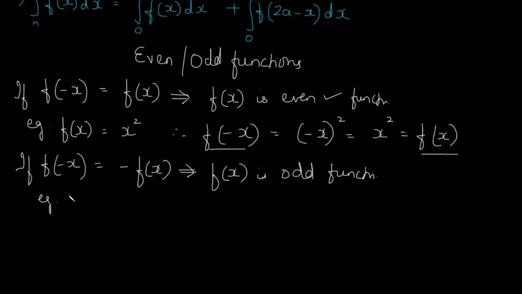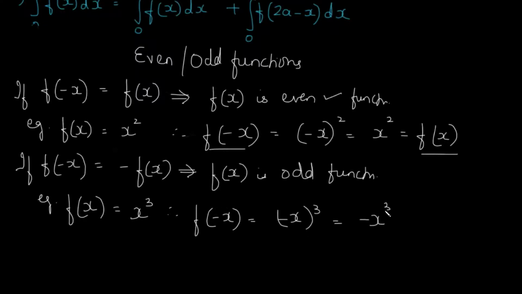Suppose f(x) is equal to x³, and therefore f(-x) becomes (-x)³, which is -x³, which is actually -f(x) because our f(x) was x³. So in this case, f(-x) is equal to -f(x), and therefore we say that f(x) is an odd function. That is it. So in this way, now we come to property 8.